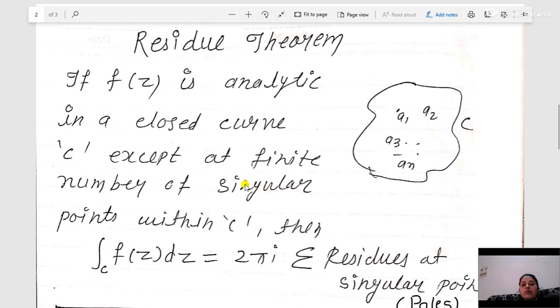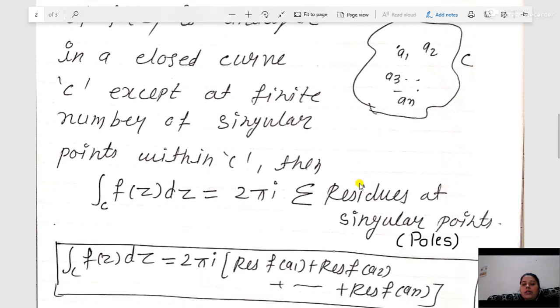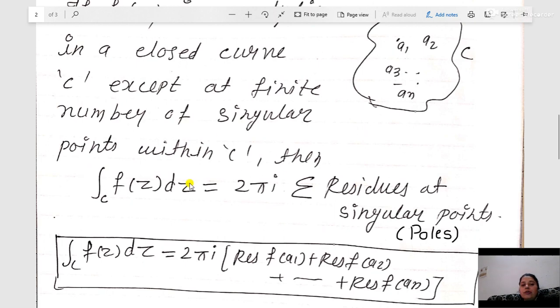You remember singular points are also known as poles. So if f(z) is analytic within closed curve C except at a finite number of singular points within the curve C, then according to the residue theorem, integration of f(z) dz along the curve C is equal to 2 pi i into the sum of all the residues at those singular points or poles.